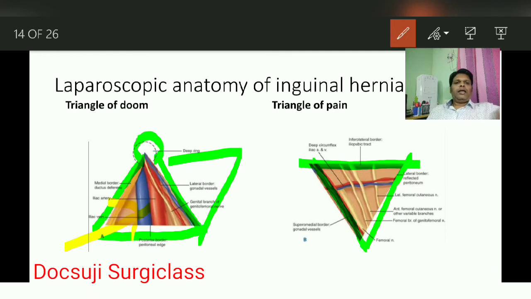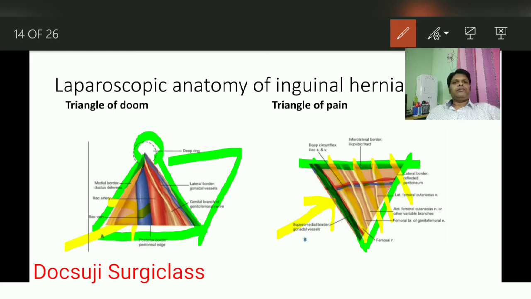Whereas in the triangle of pain, there are four nerves. Number one is the femoral nerve. Number two is the femoral branch of the genitofemoral nerve. Then the anterior cutaneous nerve of the thigh and the lateral cutaneous nerve of the thigh.